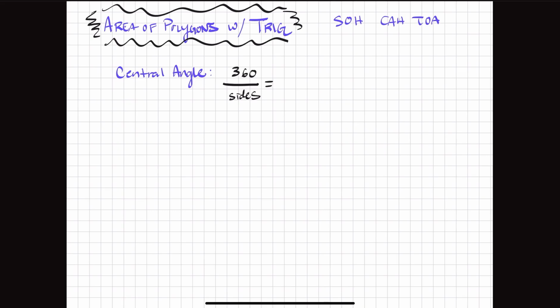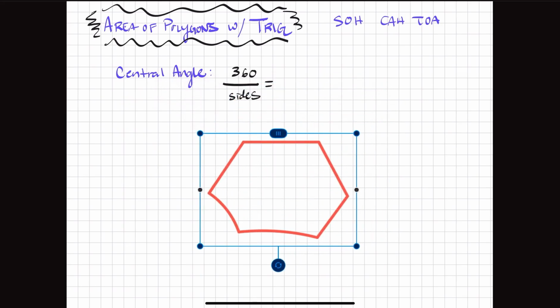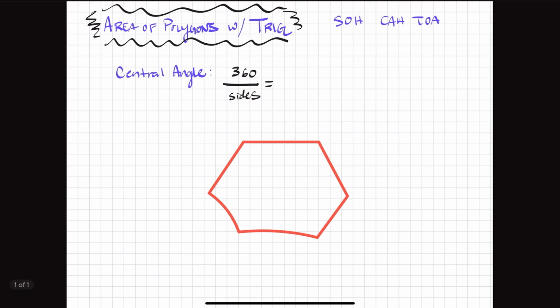So an example of this would be, let me draw something like a hexagon really quick. We'll pretend that this is regular, that all the sides are equal, even though it doesn't necessarily look like it. And let's make that larger. Let's do it this way.